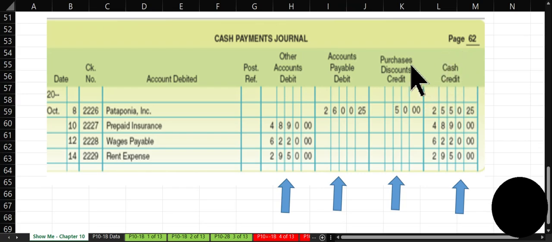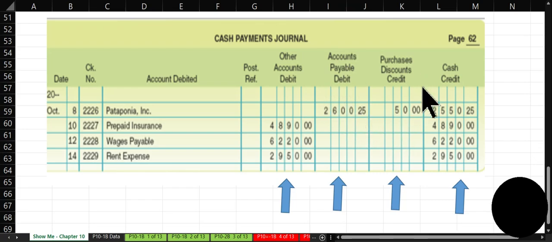They have a column for purchase discounts, which would be a credit. So this would be where they made a purchase and they're getting a discount. And then you have your accounts payable. So if we are making a payment, and we're getting a discount, then we would record the discount here.